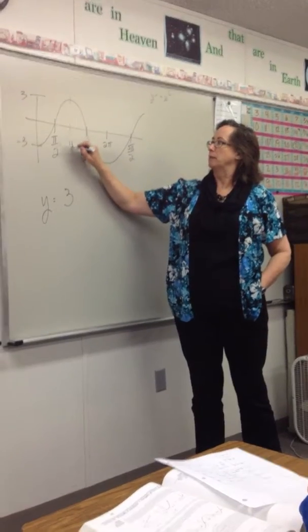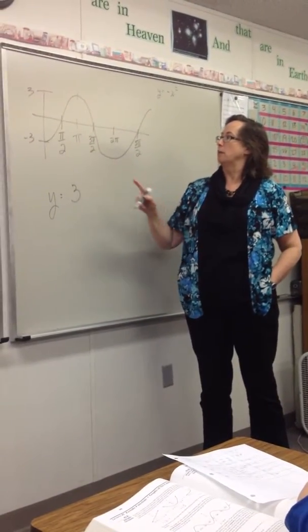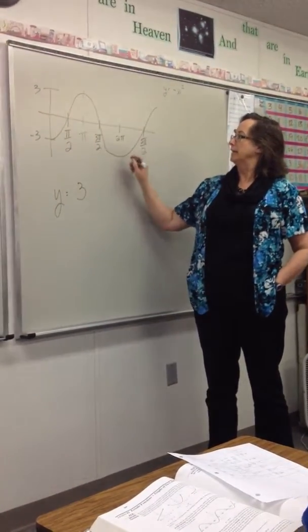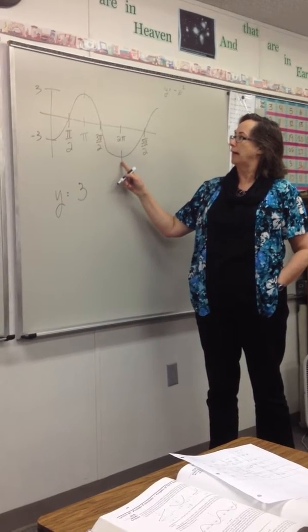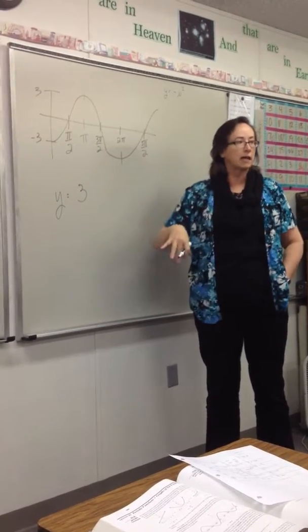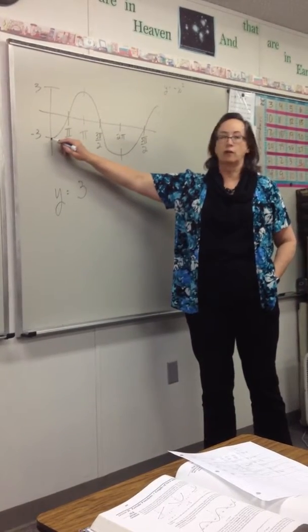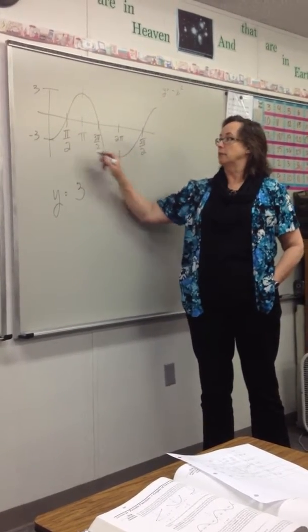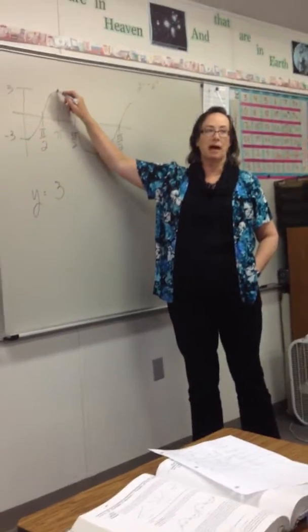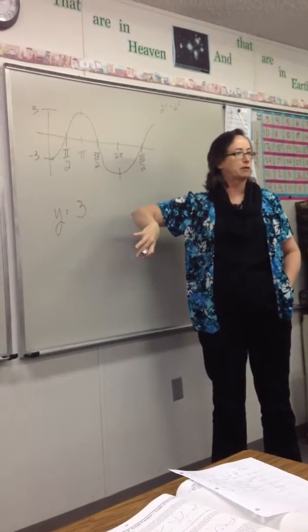That would be pi, wouldn't it? Halfway in between there would be pi, and then it's low again at 2 pi. Does that look like an upside down cosine? Okay, a cosine would be high at 0 and 2 pi, and it would be low at pi, but this one is totally flipped over, isn't it?